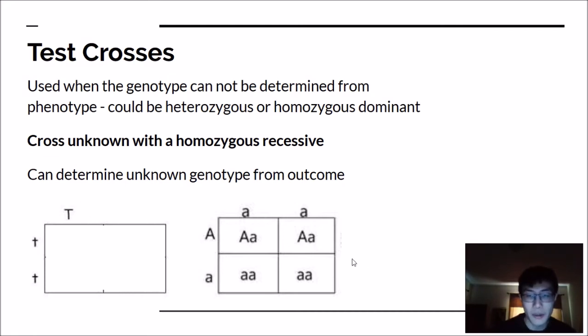Ignore this one over here, but let's look at this example. Imagine you have your individual, which could be big T, little t, or big T, big T. We don't know the genotype of this individual up here. So we cross the unknown up here with a homozygous recessive, which is over here, and we get some offspring from that.